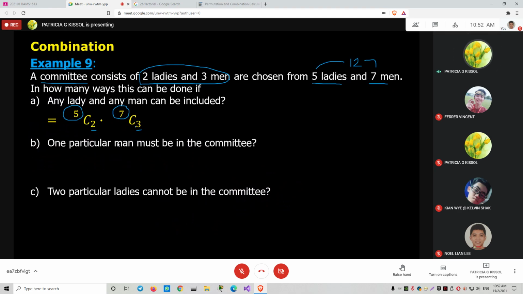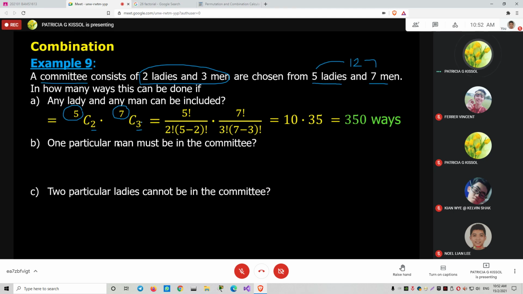You need to use your calculator to calculate this: 5 combination 2 times 7 combination 3. Here I show the formula still, but you can use your calculator straight away, and that would give you 10 times 35, and the answer is 350 ways. Okay, are we clear?